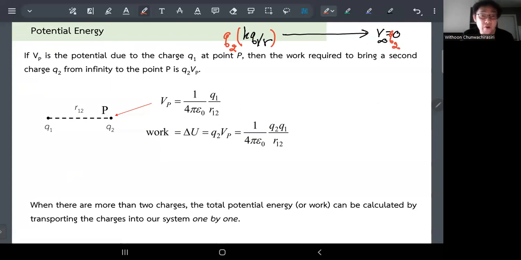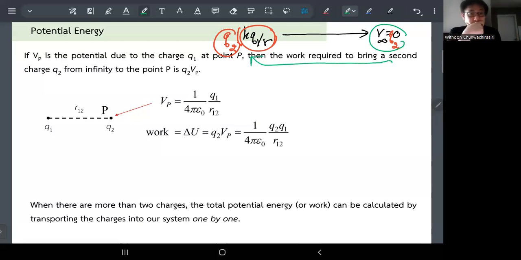Because that KQ over R expression implies 0 potential at infinity. So don't be afraid to say, if you use this expression KQ over R and multiply the charge to that expression, it will be equivalent to saying that you want to move a charge from infinity, drag it to this point. Does that make sense to you?